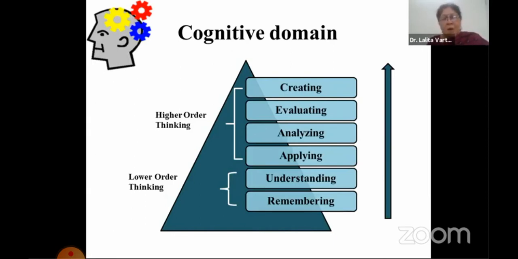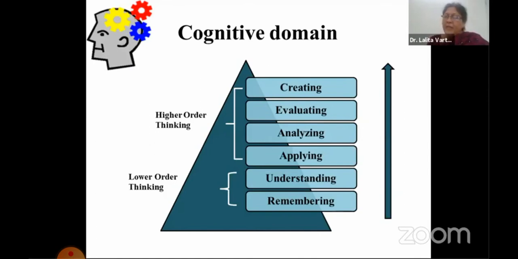Of course, the development of all these skills among our students is very important. The lower order thinking skills lay down the foundation for further learning. So we need to realize that yes, they are also important.